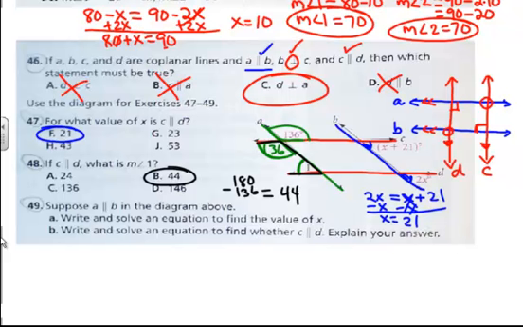B. Okay, number 49. Suppose A is parallel to B in the diagram above. Write and solve an equation to find the value of x. If A is parallel to B. Okay, let me erase the ink that we have.